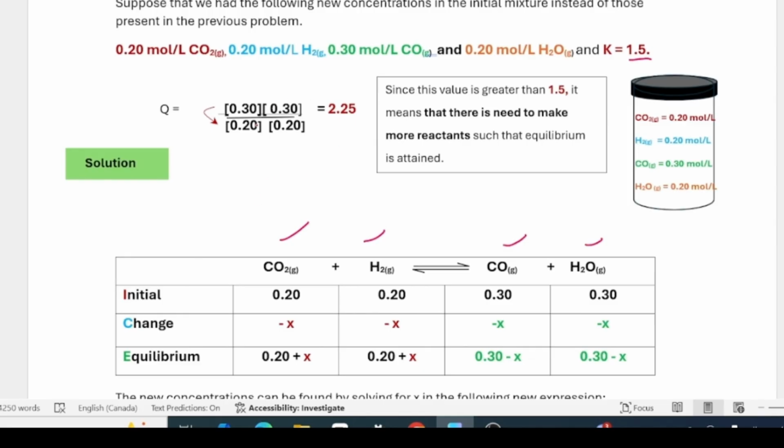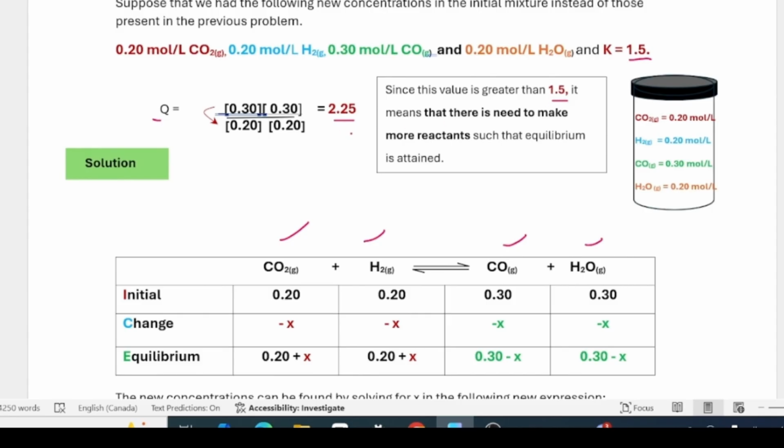We put all of these values into the K expression to get the value for Q. And Q turns out to be equal to 2.25, which is now greater than 1.5. So again, some internal adjustments have to be made such that the final concentrations of reactants and products, when placed into the K expression, must produce 1.5.